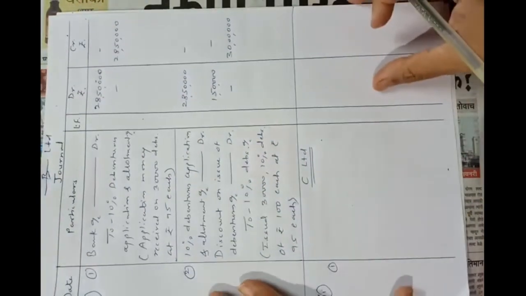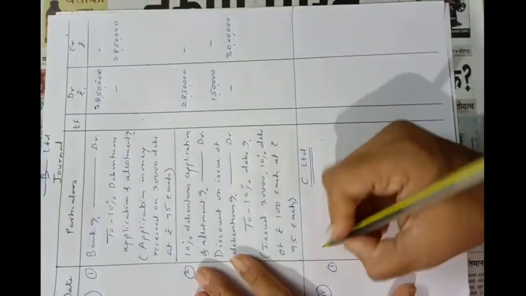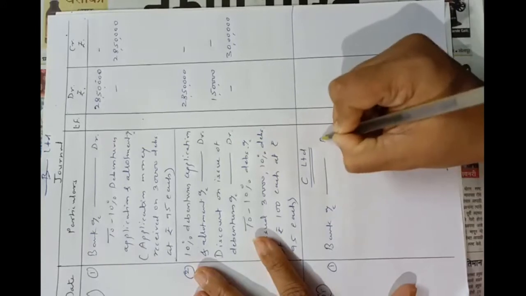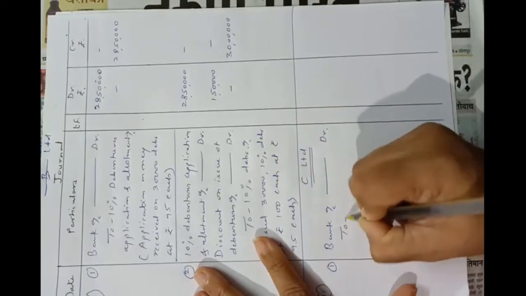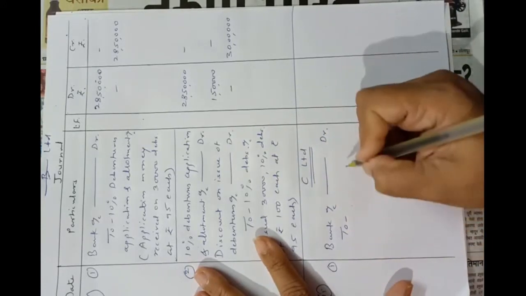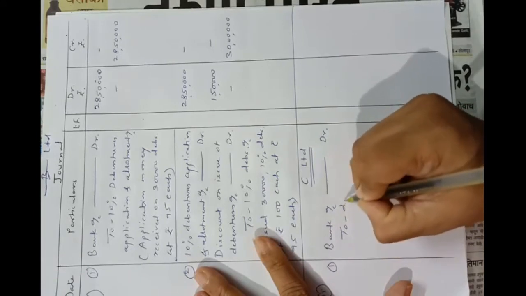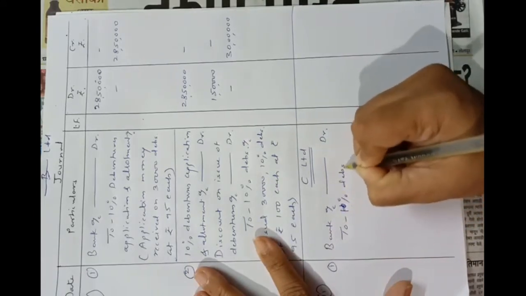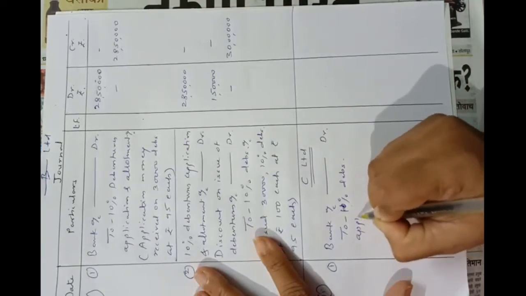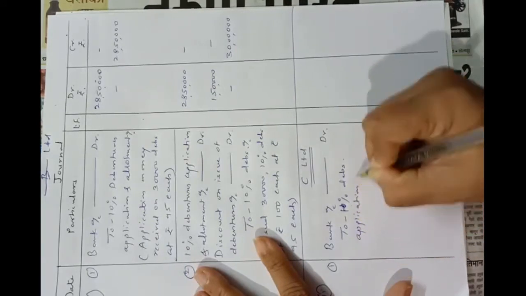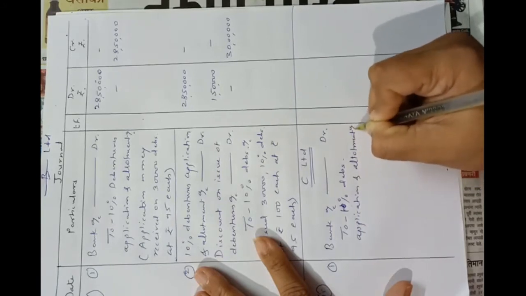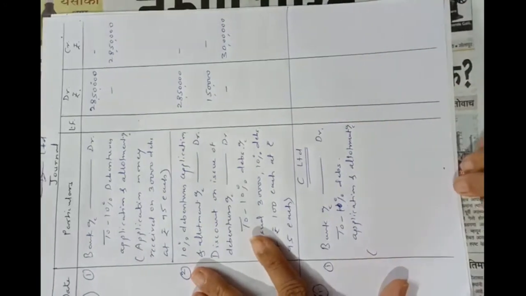Okay. So let's pass the journal entry now. Bank account debit. To 10% debenture application and allotment account. Narration.